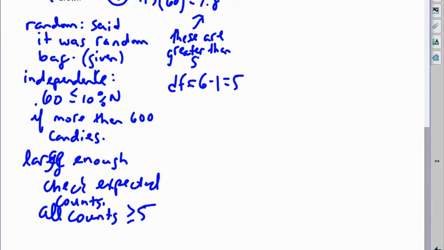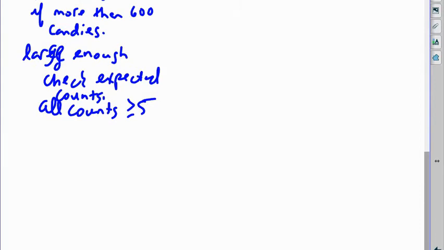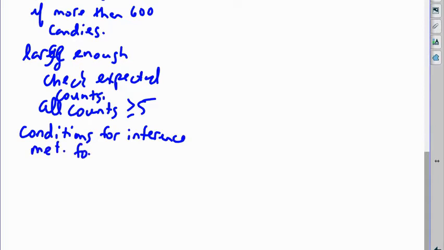So now what do I have? I'm going to say that the conditions for inference are met. What am I going to do? For a chi-squared GOF test. Okay, so that's what we're going to do.